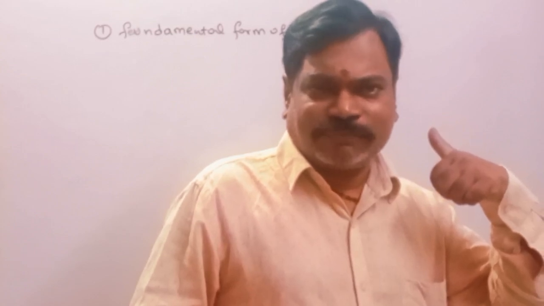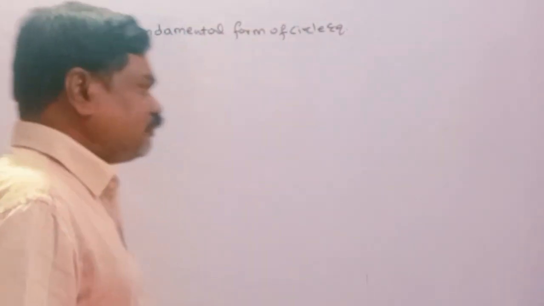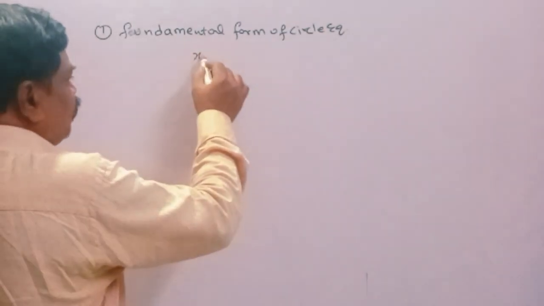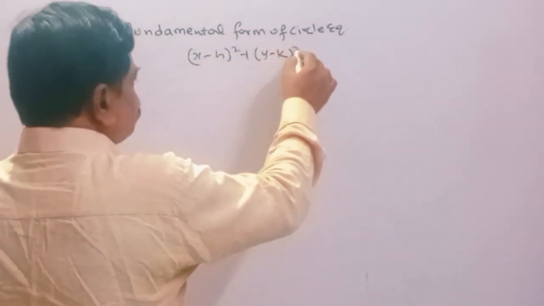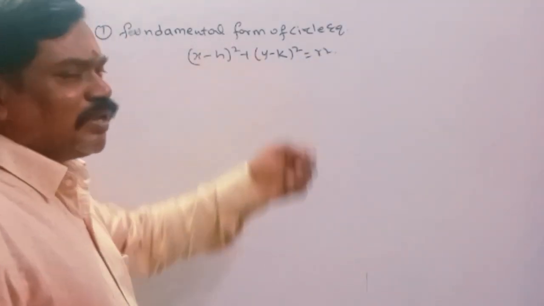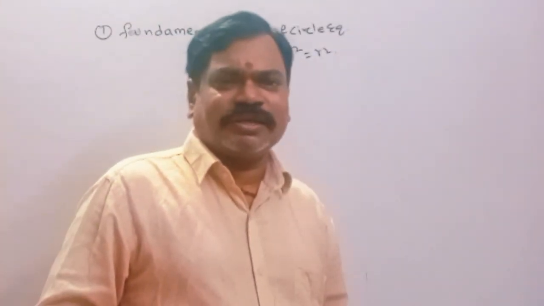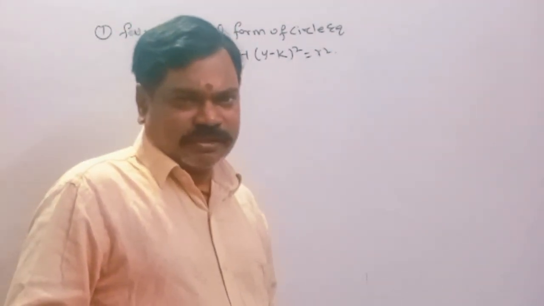First is the definition of the circle equation, and the fundamental form is (x minus h) whole square plus (y minus k) whole square is equal to r square, where (h, k) is the center of the circle and the radius of the circle is r.